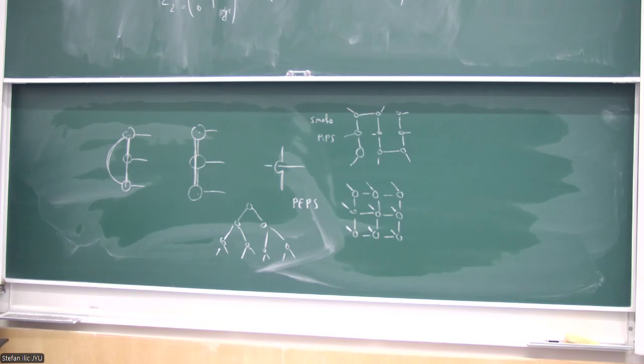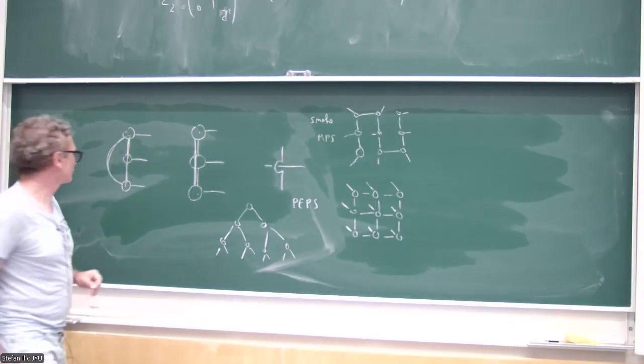I want to have an arbitrary density matrix on n qubits. And is the statement that you can get it by considering an arbitrary single qubit state coupled to that system and then tracing it out? Yes, you can get any density matrix.